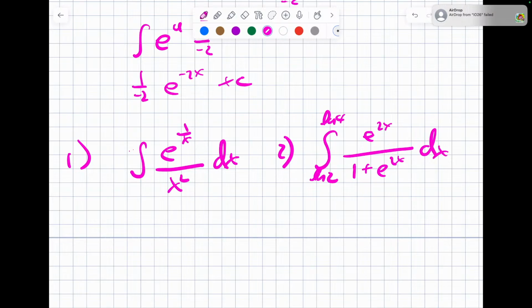You said 1 plus 16. You got 1/2 ln. Do not convert back to x.